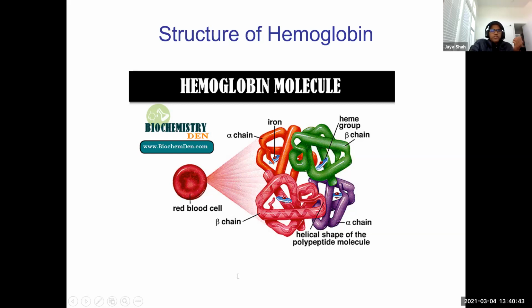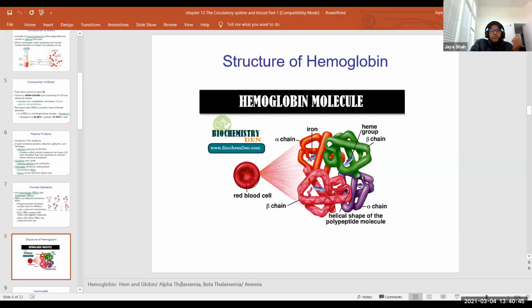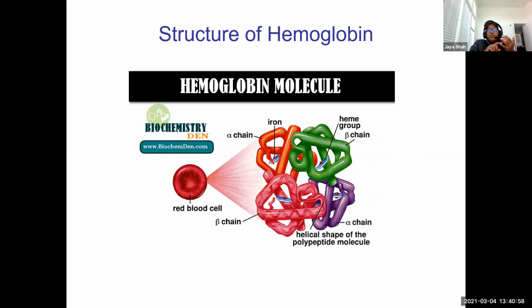So if you go back, you can see thalassemia, alpha thalassemia, and beta thalassemia. And we talked about anemia. Anemia can be due to several reasons, now you know. It can be due to excessive bleeding and loss of red blood cells. It can be due to abnormal hemoglobin. It can be due to deficiency of iron. It can be due to several other causes.